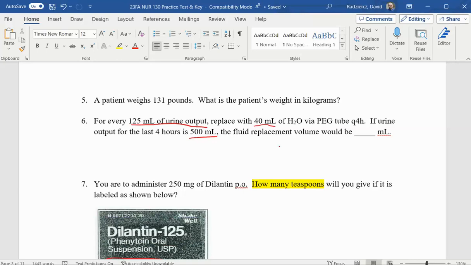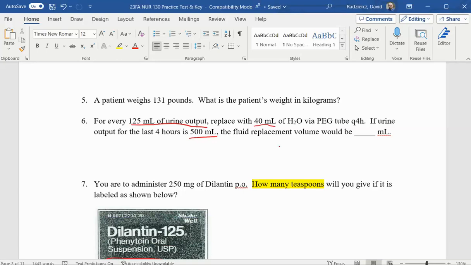Anyways, I thought of a ratio. If I know the theoretical output and then the actual output, then I should be able to calculate my theoretical replacement with my actual replacement by doing a ratio proportion sort of setup.